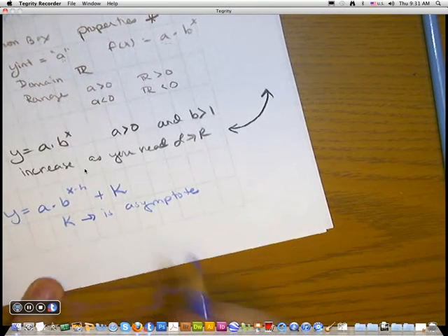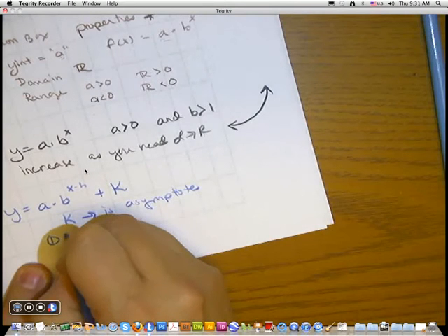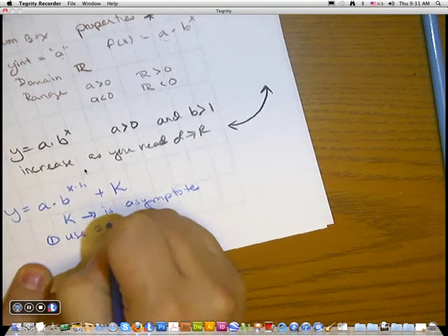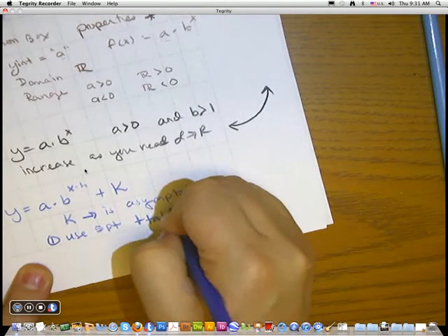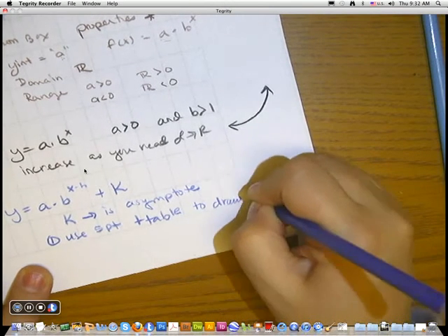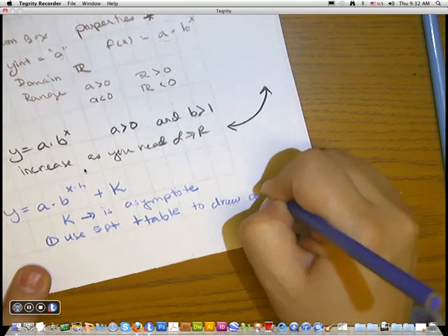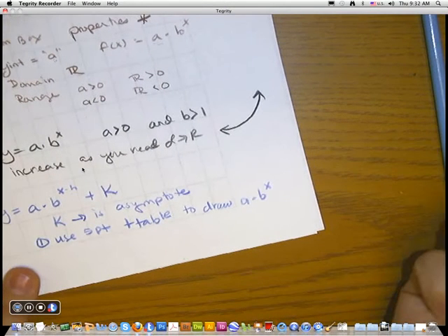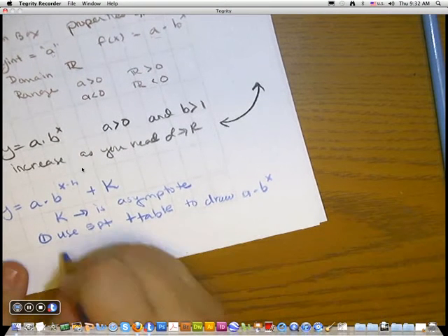The way that you are going to graph these is you are going to use a 5-point t-table, and you're going to draw just the original parent function a b to the x. No h's, no k's, just the original parent function.